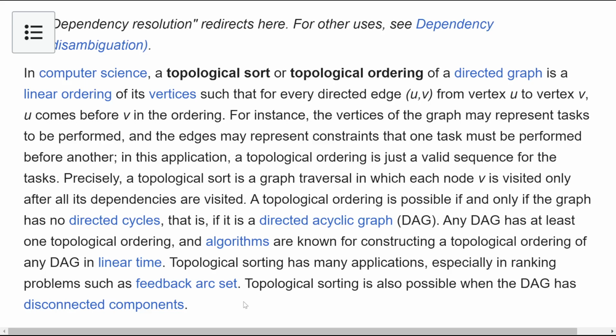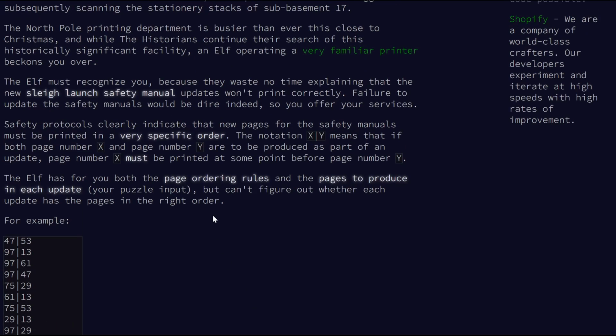I mean, you can think of the... I forget what they're called. The page ordering rules, as I said, as a tree, right? Where this here that comes first is a parent of this in that tree. But is it a tree or is it a graph?